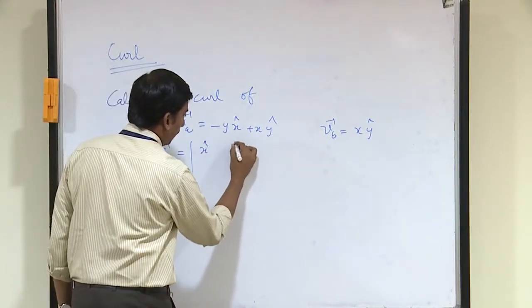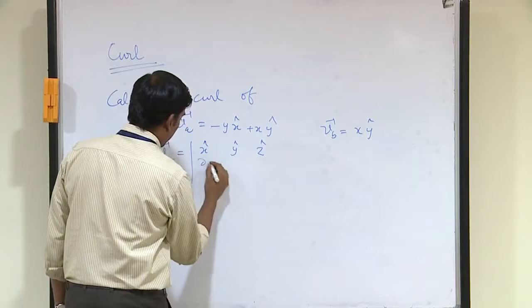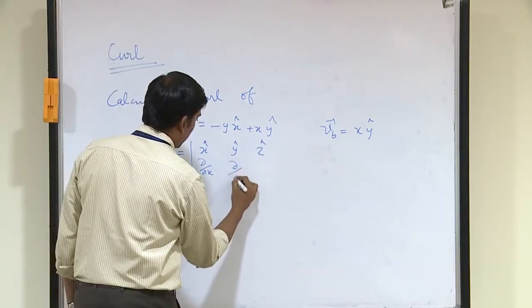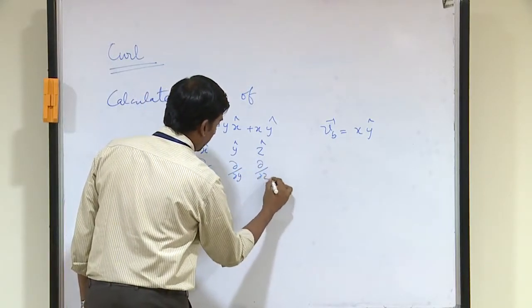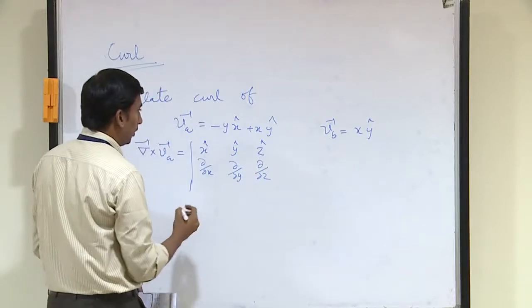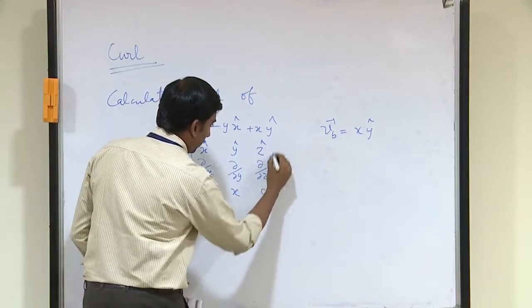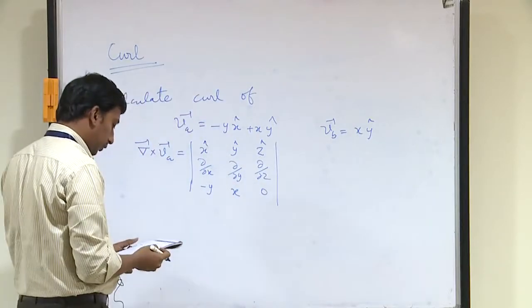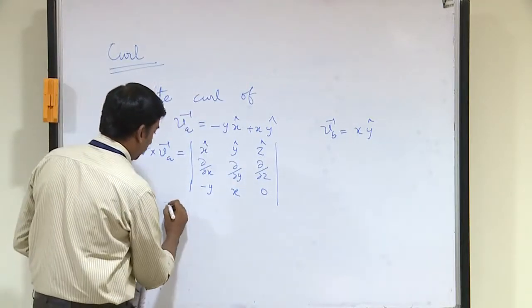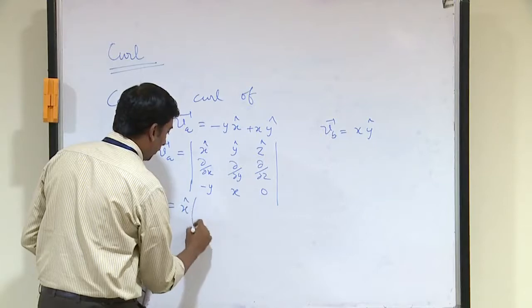x cap, y cap, z cap, dou by dou x, dou by dou y, dou by dou z, minus y, x, and this is 0. So what do you obtain?